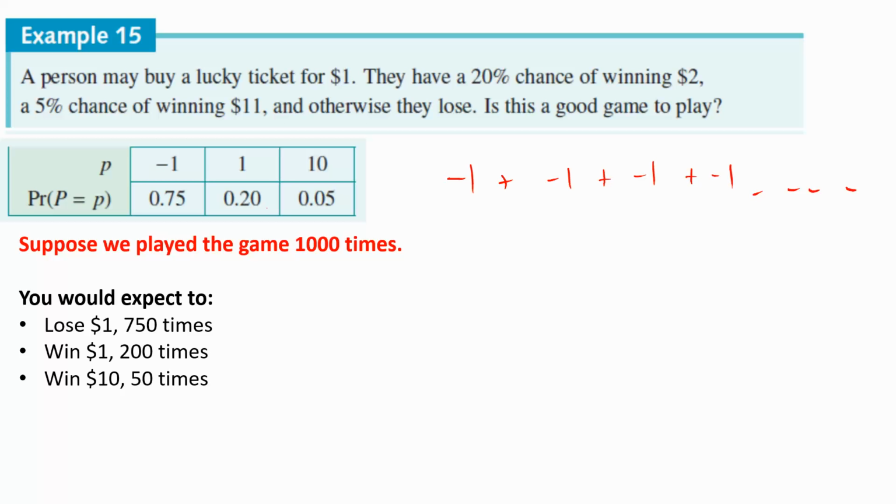The total number I have is 1,000, since 750 plus 200 plus 50 gives me a total of 1,000.